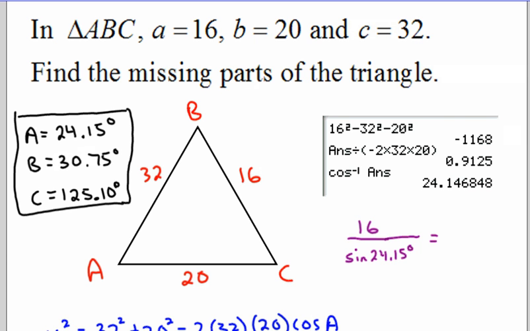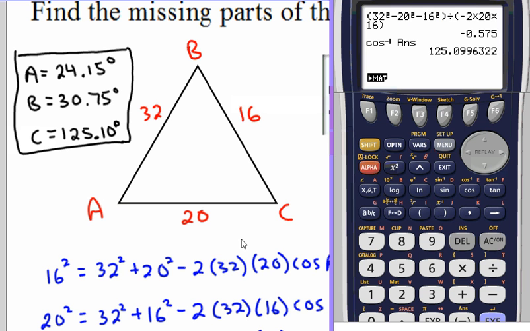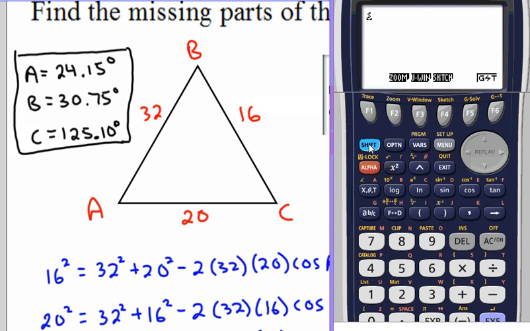Okay. If I want to find angle B, then side B was 20, so I put 20 over the sine of B. Right, so I cross multiply and divide, and the sine of B should equal 20 times the sine of 24.15 degrees over 16. So if I want to find angle B, I would do inverse sine.